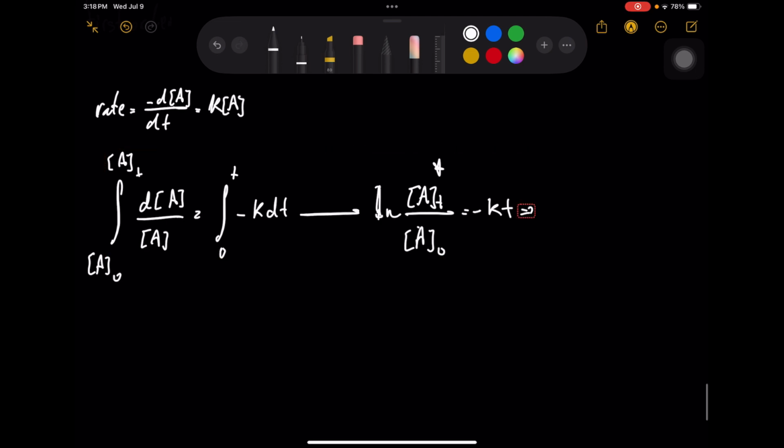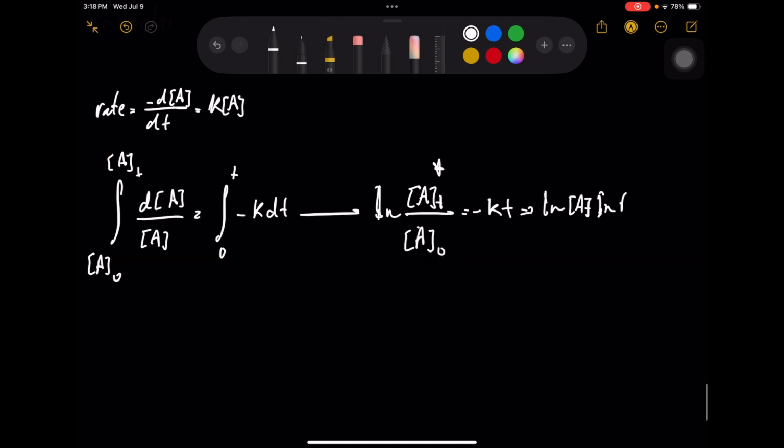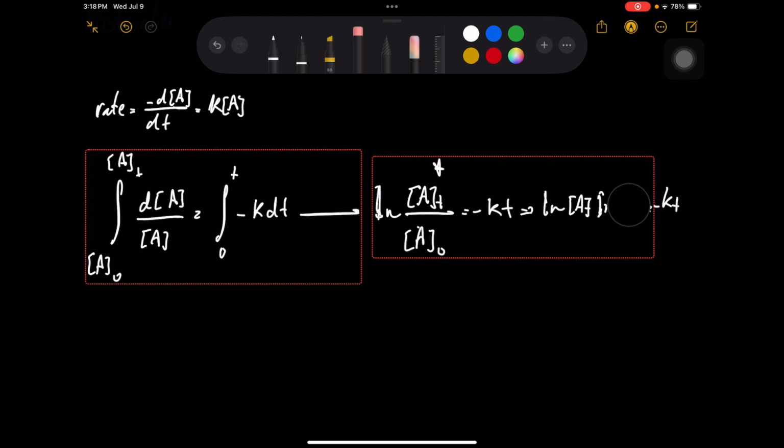This one is also equal to the natural logarithm of a minus natural logarithm of b equals the negative kt. I'm sorry, we don't have b here.